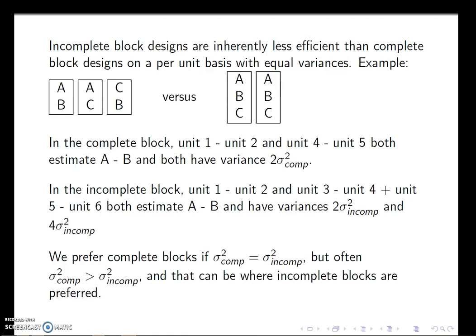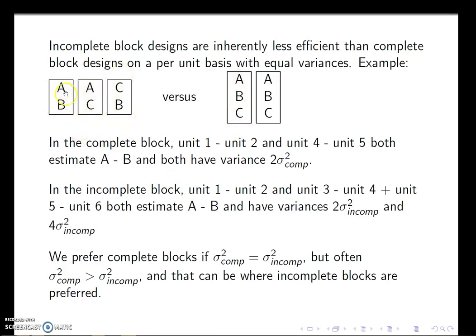So for example, if you have 3 levels, A, B, and C, this could be like the eye drop example. If we had complete block, we'd want those all to be replicated. But again, a subject doesn't have 3 eyes, so we can't do it this way. We have to do it this way. Okay? So notice we do get replication of everything.